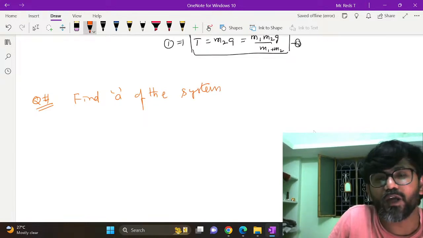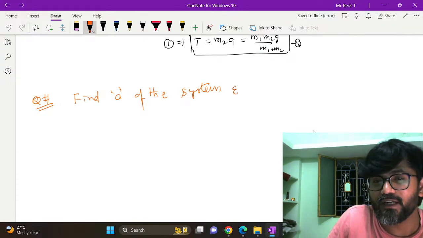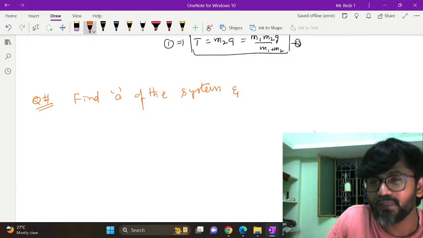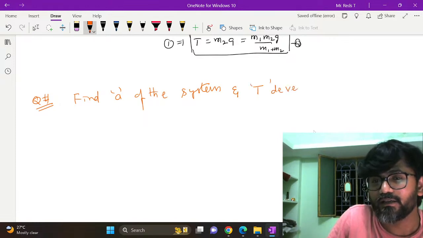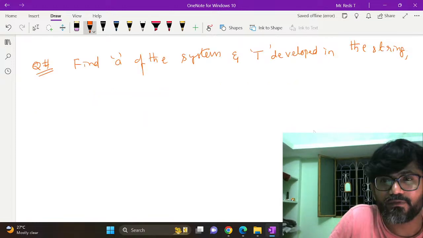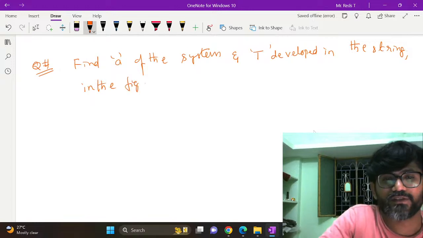Find the acceleration of the system and tension T. I am just simply giving the symbols here; we have to write in full form. Okay, tension T developed in the string, in the figure. The figure is this.